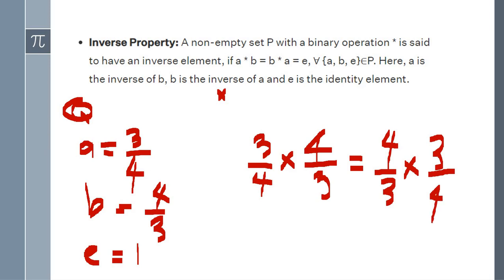That gives me 1. Okay? So, 1 ang atong identity element 1, part gyapon siya sa rational number. Kaya tanang whole number or tanang natural number, part man siya sa rational number. So, that's inverse property.